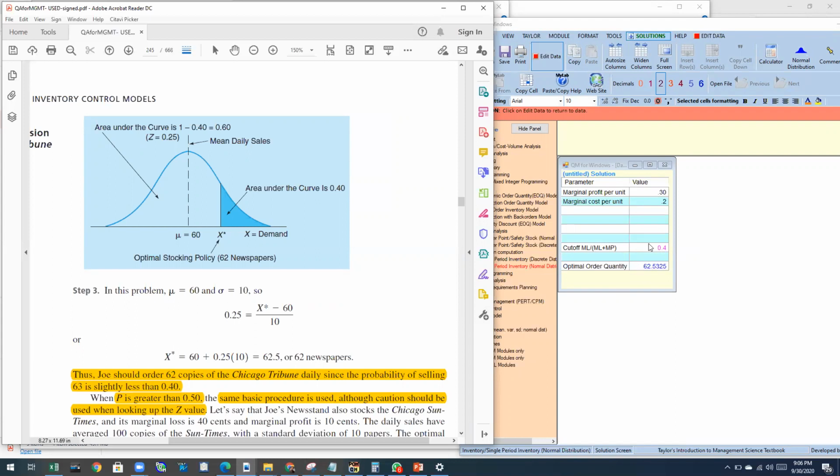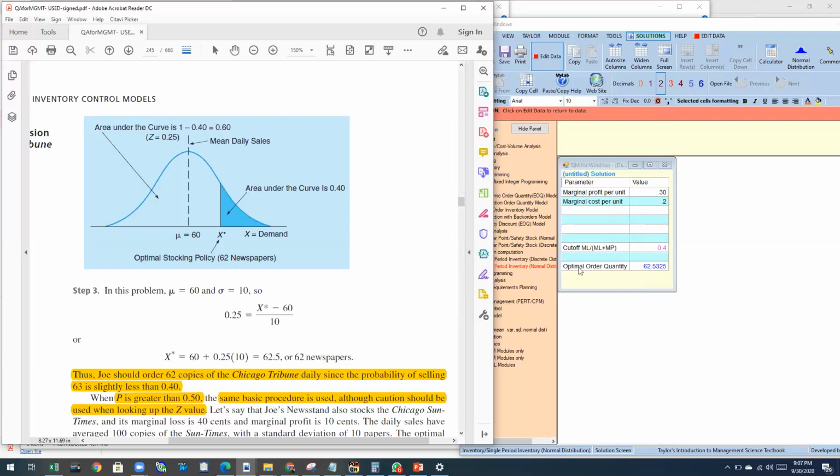The probability of selling 63 papers and fewer is 60%. So 40% is the probability of not being able to sell the 63rd newspaper. The probability of being able to sell the 62nd newspaper is 60%.